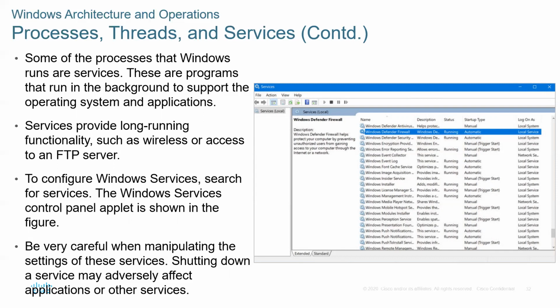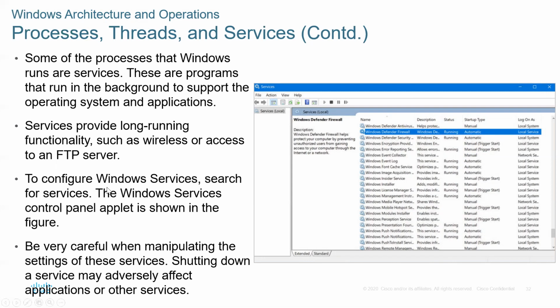Typically they're in the background to support the operating system or other applications. They have long-running functionality, such as wireless or access to an FTP server. For example, here you have Windows Defender Firewall running in the background. You have an event log collector and manager so that it can collect logs from different applications, etc.